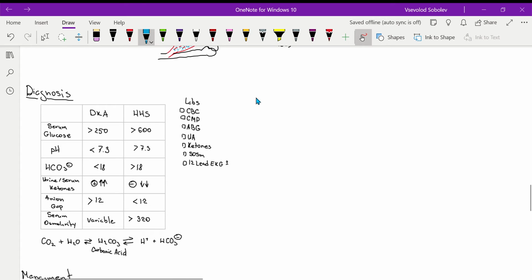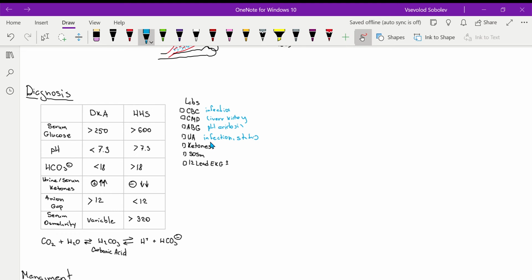Okay, diagnostic measures to diagnose diabetic ketoacidosis would be: we would get a complete blood count, which will find information about infection; a CMP, complete metabolic panel, where we will get some information about liver and kidney function; arterial blood gases, our pH, our acidosis; urinalysis, where we'll also get infection and the status of the diabetic ketoacidosis process.